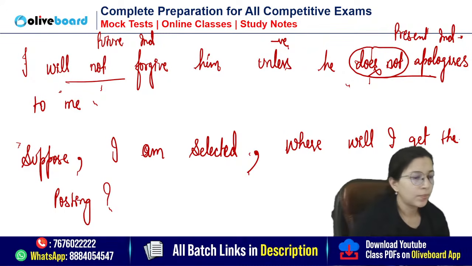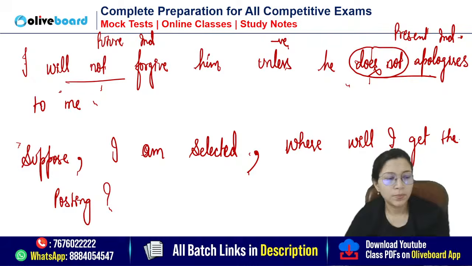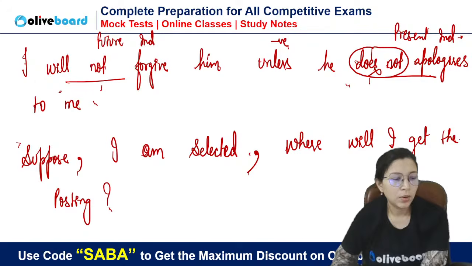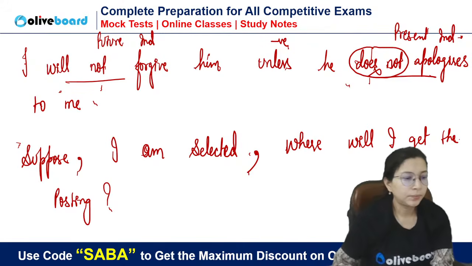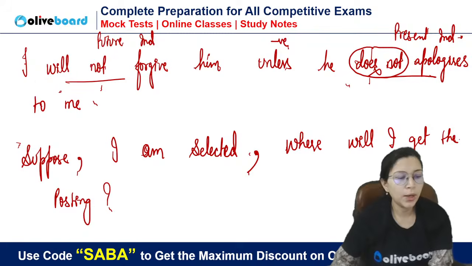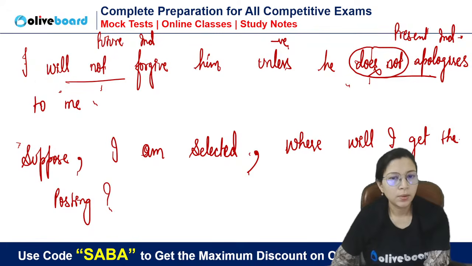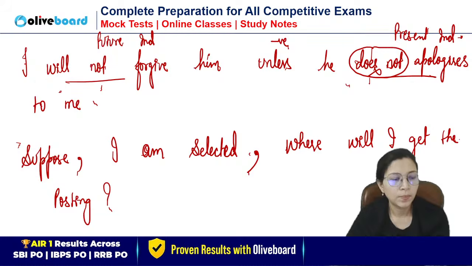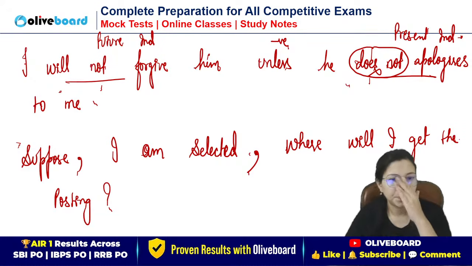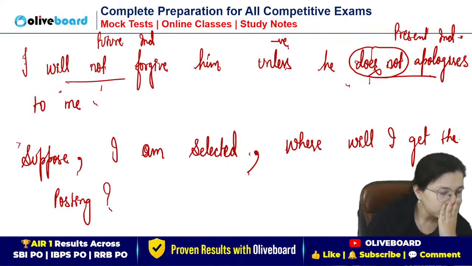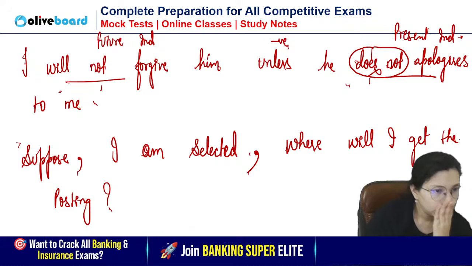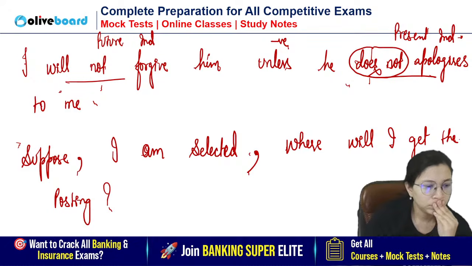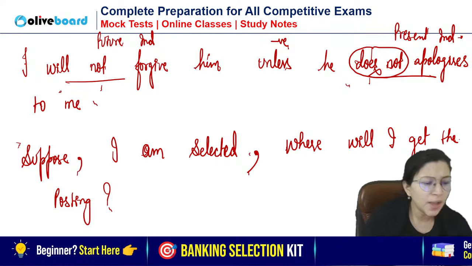Where is the error? Fast. From where am I going to remove will? Where is asking question.